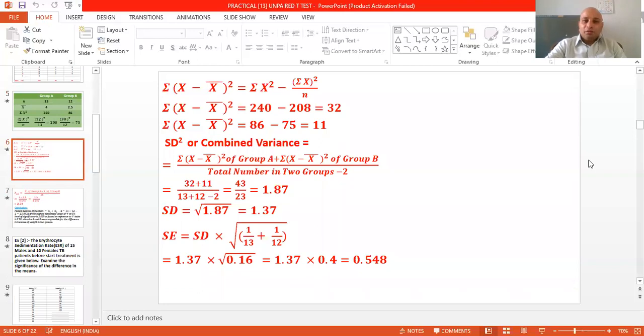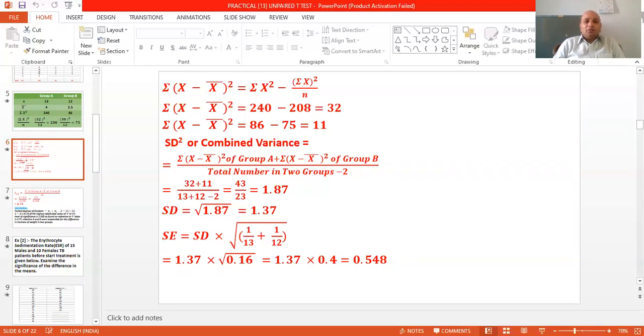Then using formulas for calculating the unpaired t-test, summation of x minus x bar square is 11.